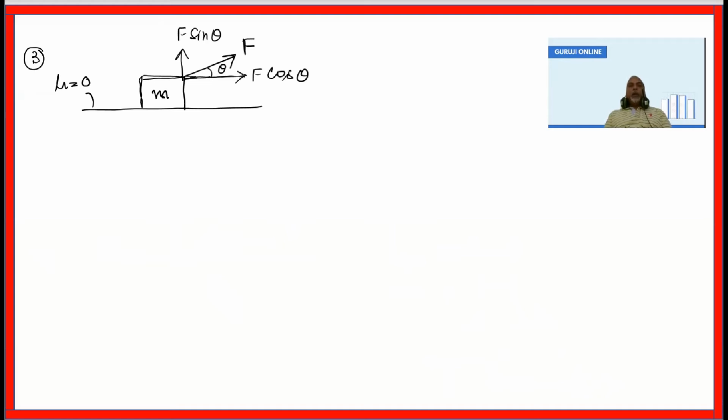And of course, there will be a gravitational force and there will be a normal reaction. Remember, this R is always perpendicular to the plane. In this case, what will happen?